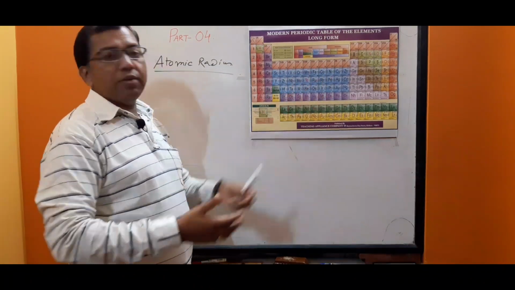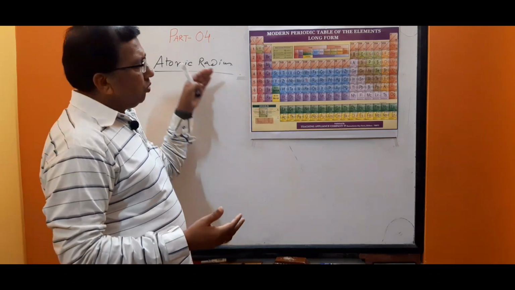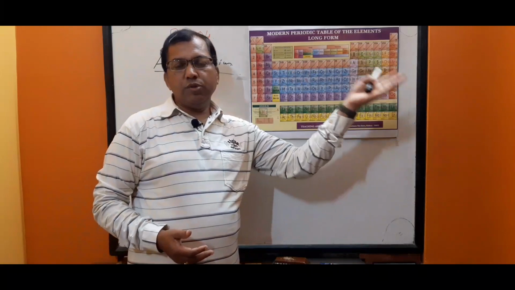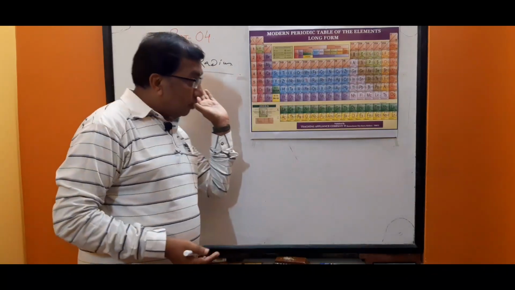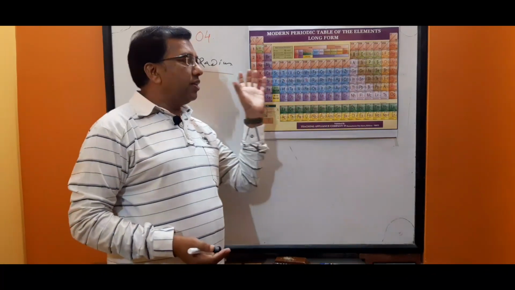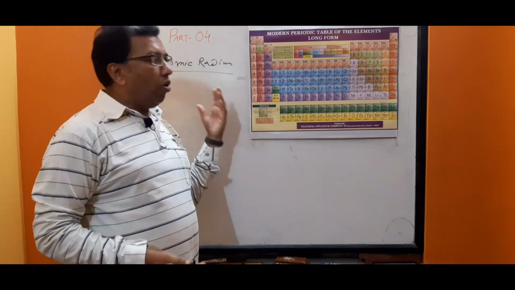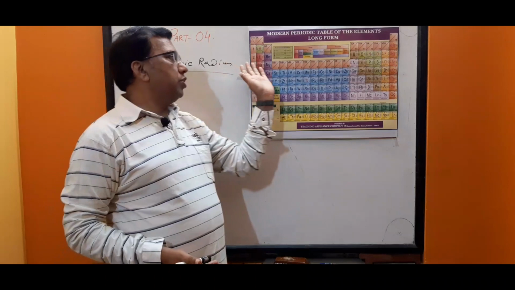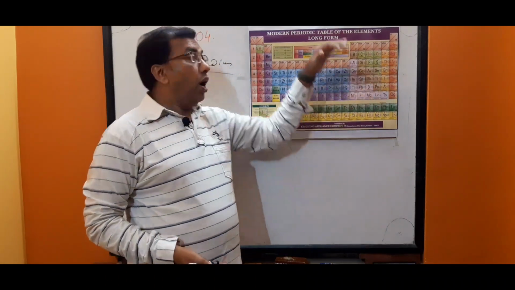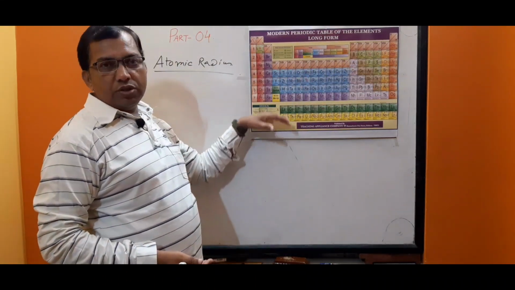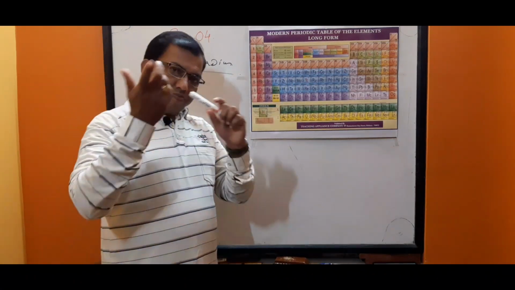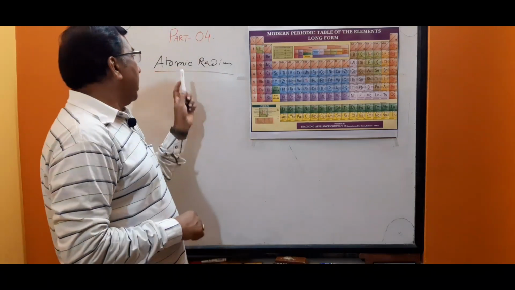So many properties are there: the oxidation property, reducing property, electron gain enthalpy, electronegativity, electropositivity, all are properties of the elements. Left to right in the periodic table, they decrease or increase; top to bottom in a group, they decrease or increase. These are regarded as periodic trends, and one of them is atomic radius.